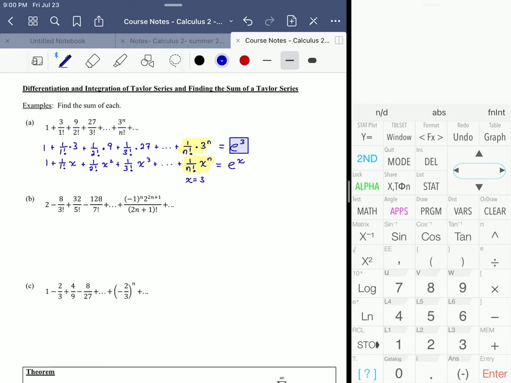In the case of part B, you see that we have an alternating series involving odd values. That could go a lot of different ways, but if you start narrowing it down to the more popular Taylor-Maclaurin series, you might settle on the sine function.